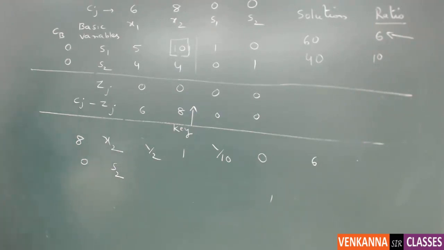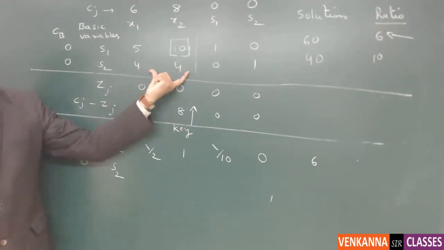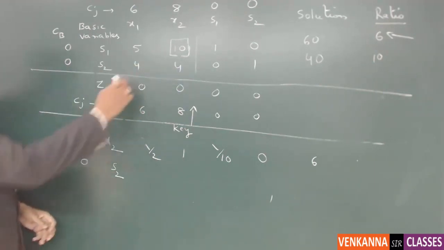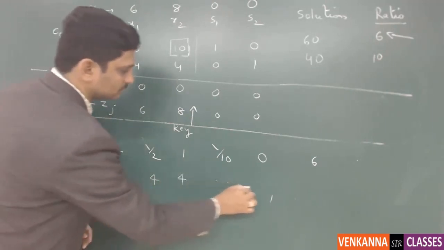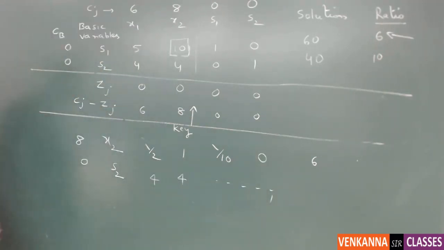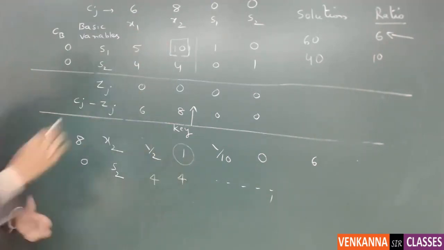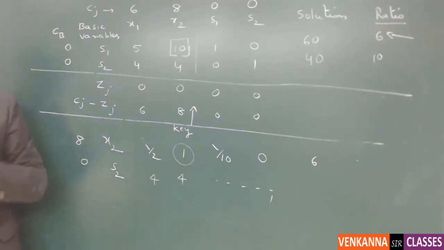Right. Now I am going to perform and modify this row. How am I going to modify? Now see, let us write the row first here. This is the pivot element place I considered earlier, because my intention is to get the identity matrix.